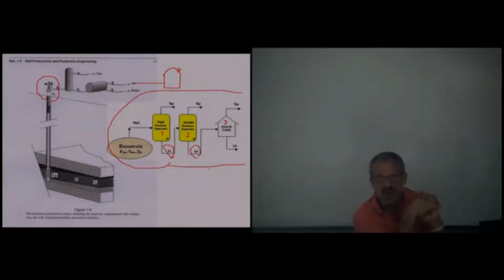Sometimes they're even heated up, and it's called a heater treater. And then the stock tank is referred to as the third stage, although it's not a separator vessel, it is a vessel, and it does separate oil from gas. In fact, there's even a liquid knockout at the bottom of it. A stock tank can be a third phase.